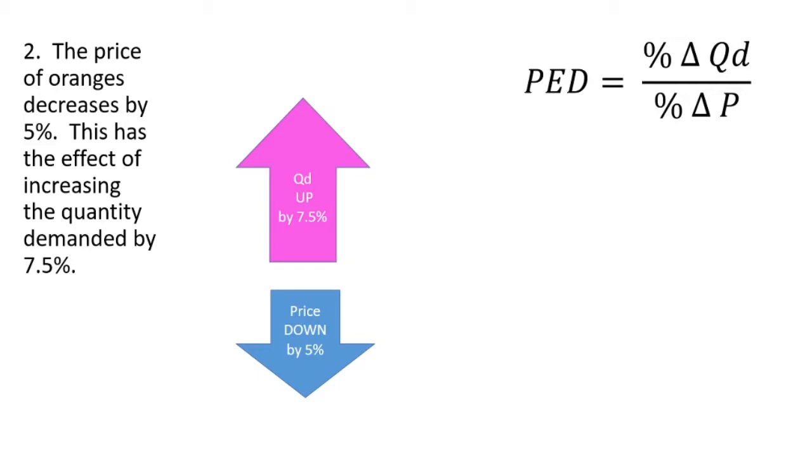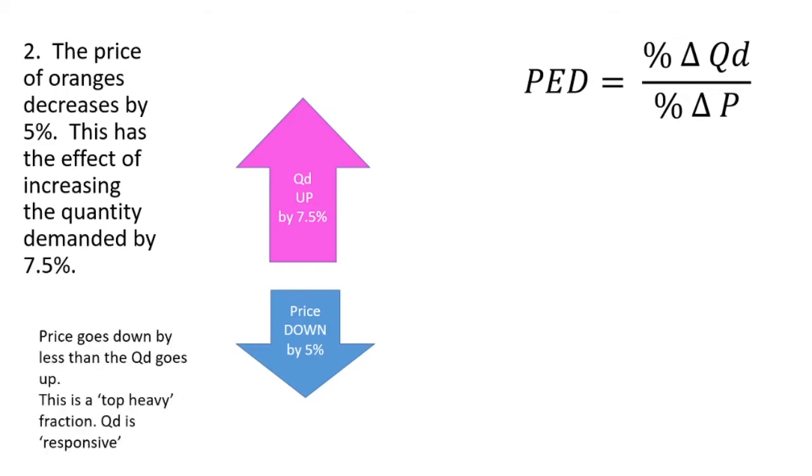We would say that the quantity demanded has gone up more than proportionally compared to how much the price has gone down. So price has gone down by proportionally less than quantity demanded goes up. This makes it a top-heavy fraction. Quantity demanded, as we could say, is responsive in this case.